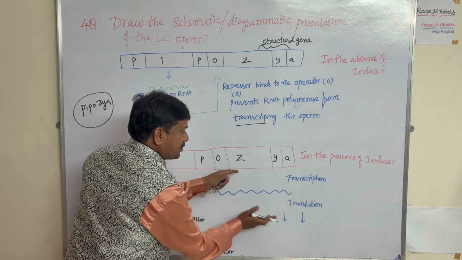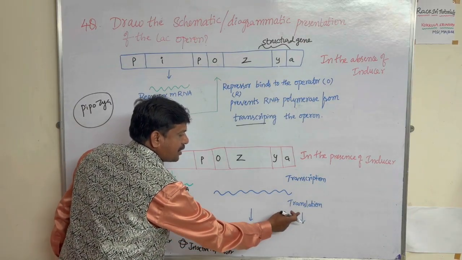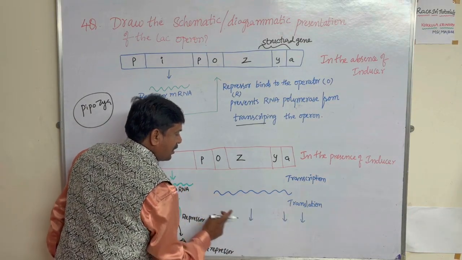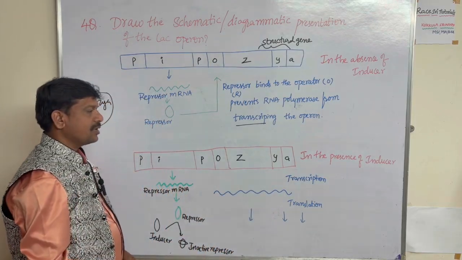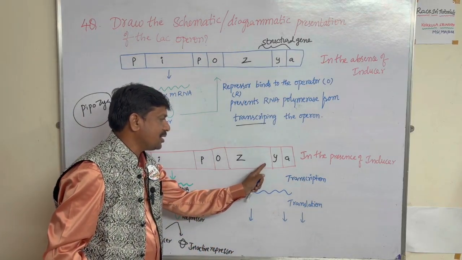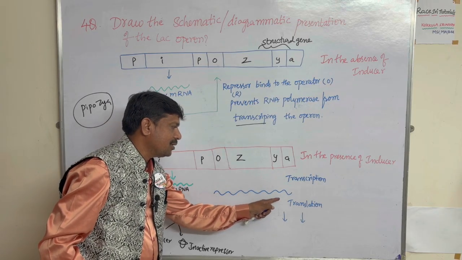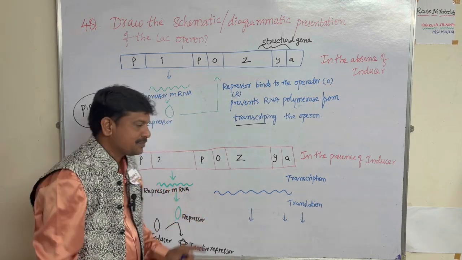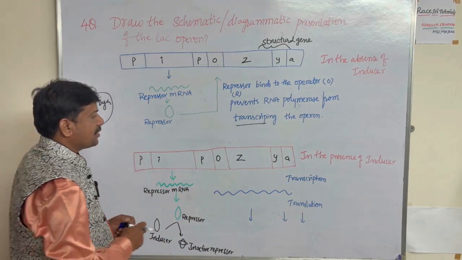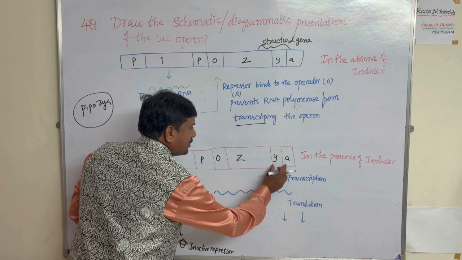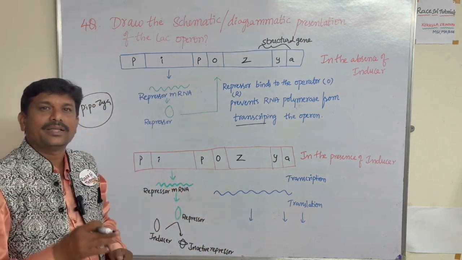The transcription process and translation process start. So here I have written transcription, translation, and mRNA. Why? Because this is the double stranded DNA; after the transcription process mRNA is produced, then after that the translation process starts. So you check. Then this structural gene ZYA produces other genes.